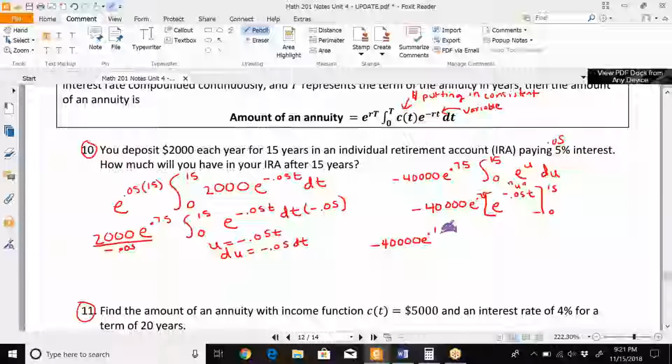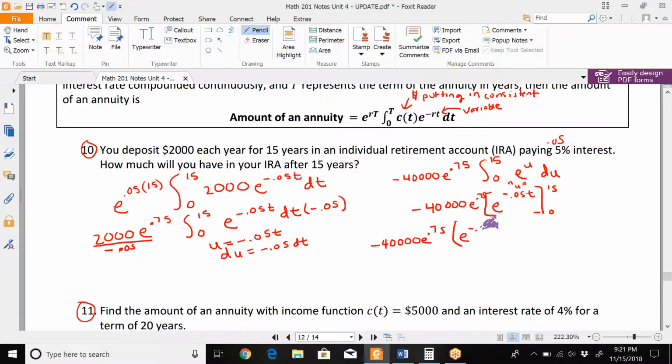And remember, we subtract in between them. That's how we evaluate the area. So this is e to the negative 0.05 times 15 minus e to the negative 0.05 times 0. So this guy is e to the negative 0.75. And this is just e to the 0, so this is minus 1.